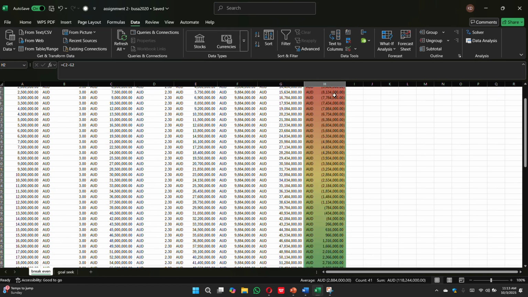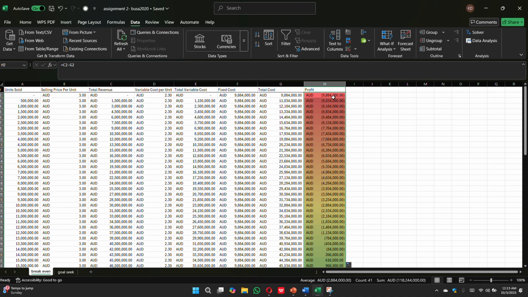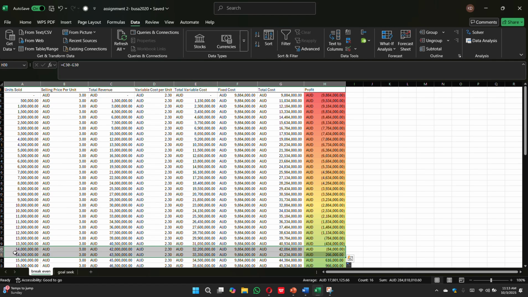So you can easily see that at the start they make a loss, up until over here. So it'll be between 14 million and 14.5 million where Coles would break even for selling loaves of bread.